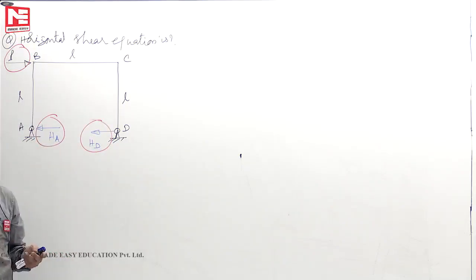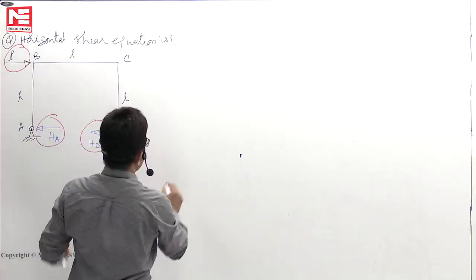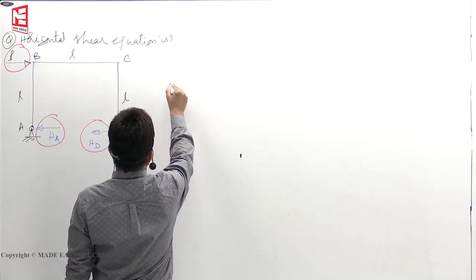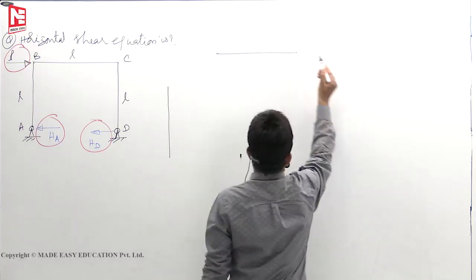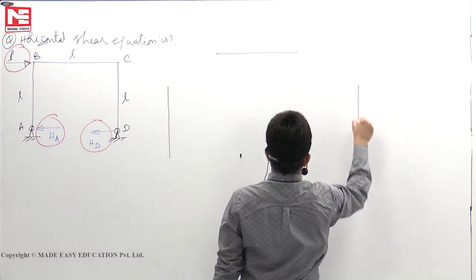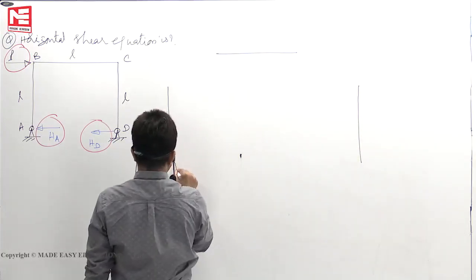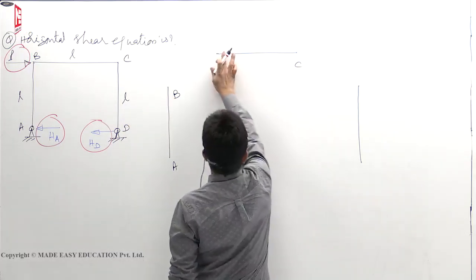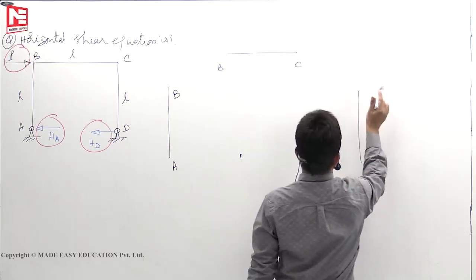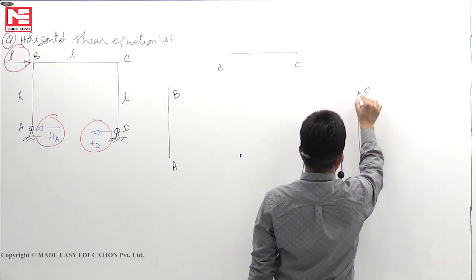That's what you have to write in 2 minutes time. Now take the free body diagrams AB, BC, CD.